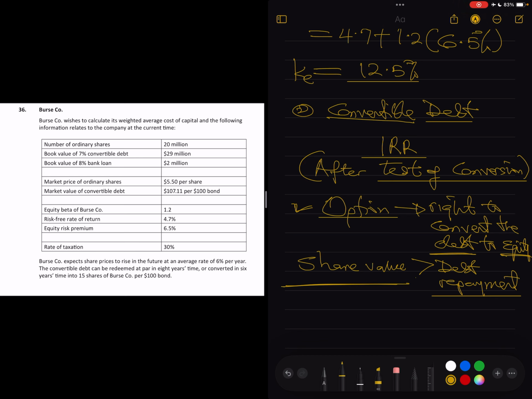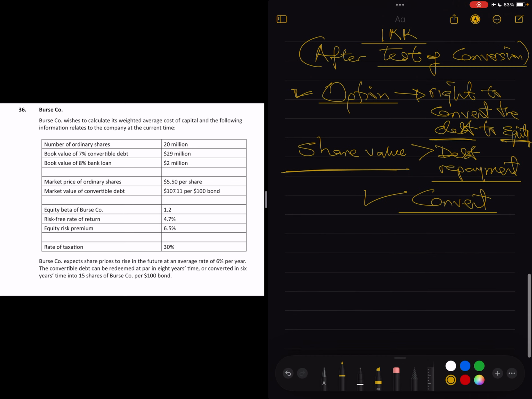If the share value is greater than the debt value, it's going to exercise and convert. Which means at the end of the tenure of the debt, it's not going to get its cash back as redemption, but rather it's going to be converting to shares. And that means you're going to be working with a conversion value. You will see how we're going to apply that in this question.